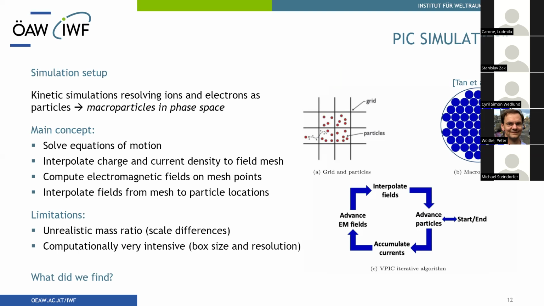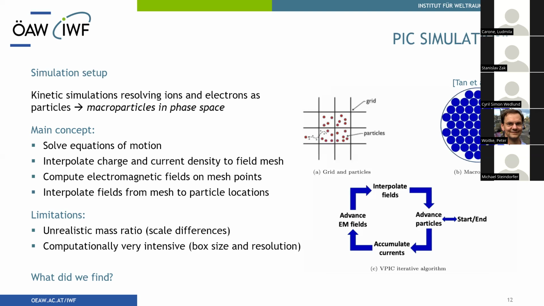And the concept behind the computation is the following: you put in your particles, you advance them, and this leads to different charges and electromagnetic fields. They are computed on the grid points. The particles are in continuous phase space. And so from this difference in the particle positions, you then compute all the electromagnetic fields.